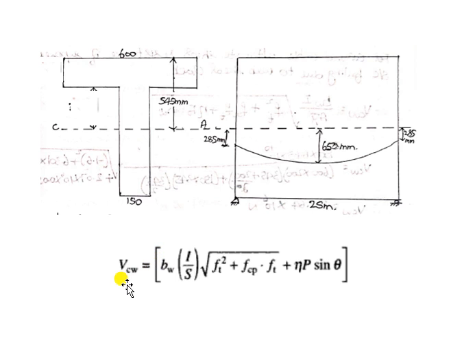To calculate the shear resistance due to web crack, VCW is equal to BW into I by S square root of FT square plus FCP into FT plus neta P sin theta.